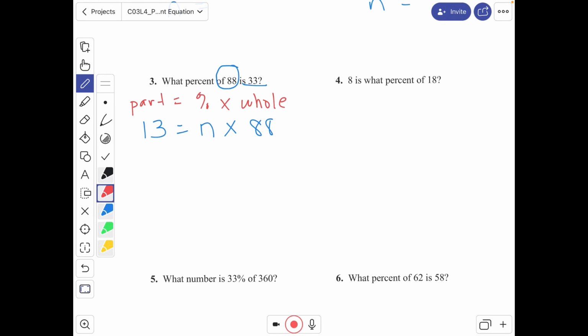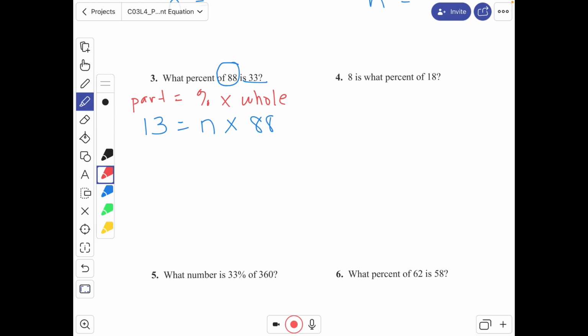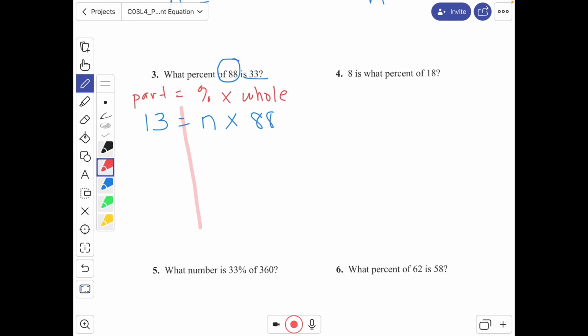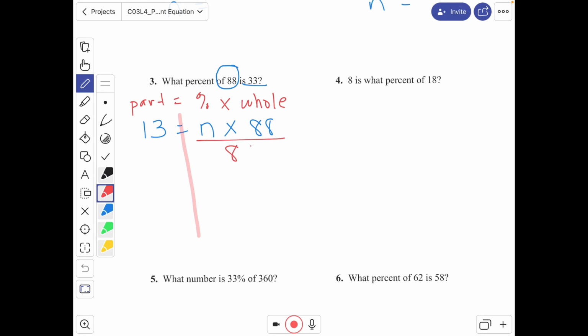And what we're going to need to do on this one is divide. Remember to divide both sides by 88, because you're going to divide by whatever's next to the variable. And you can treat that like an equation, like a fraction. 33 over 88 can be simplified by 11, and it might come out to some fraction that you know.